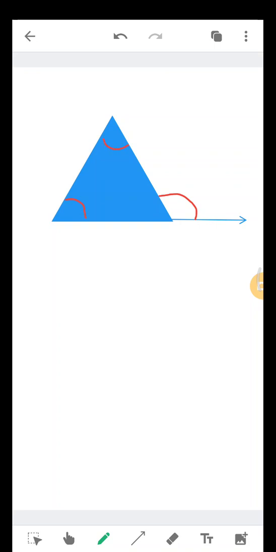We learned that angle x is equal to y plus z. This property is used in solving theorem 10.8.